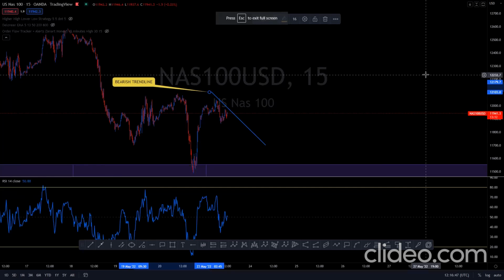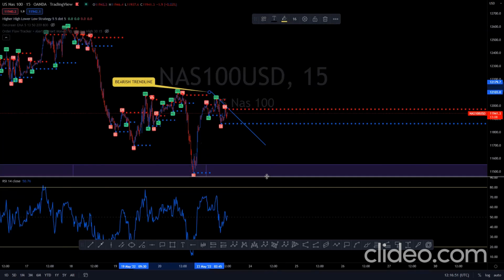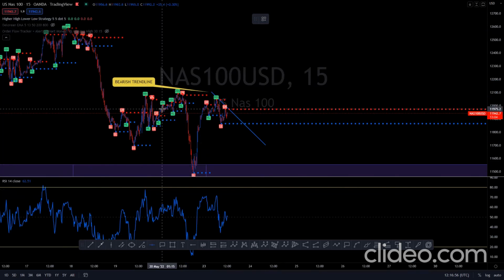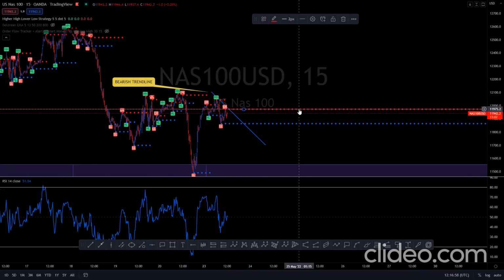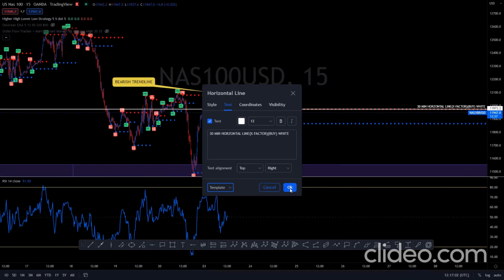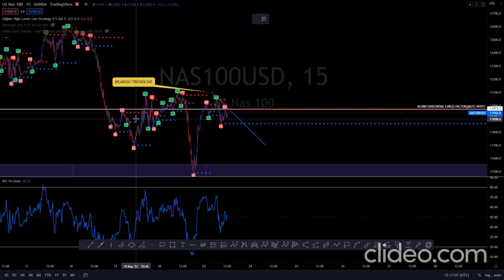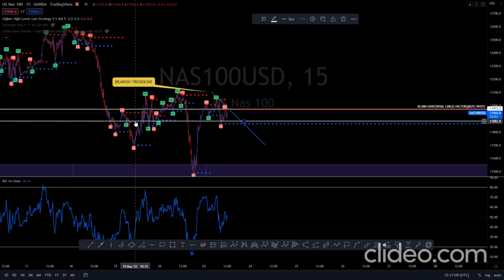So then the very next thing I do is turn on my lower, higher risk strategy indicator. This is what helps me to locate the most recent high and the most recent low. That way I can establish my break and retest X factor lines. So that way if price breaks any of those lines, then I probably have a confirmed breakout. Okay.